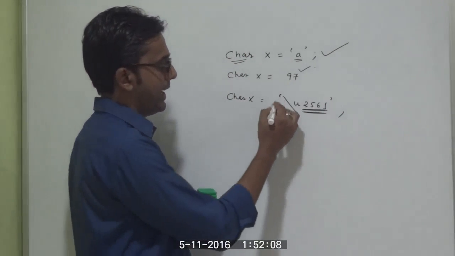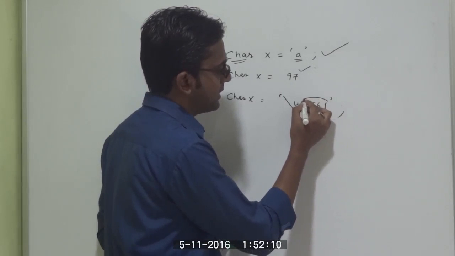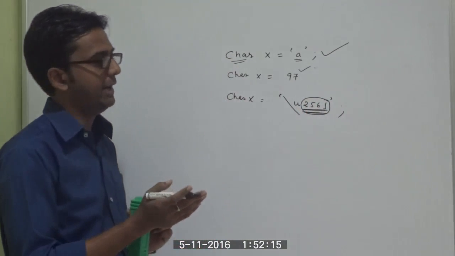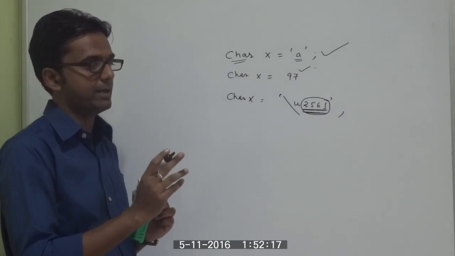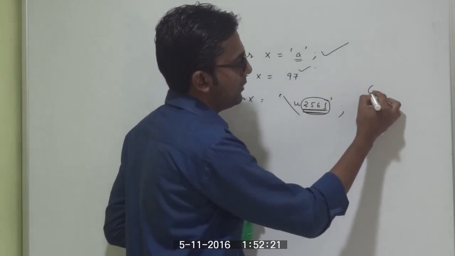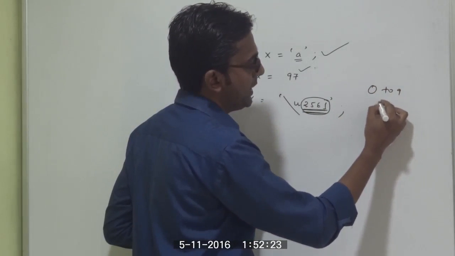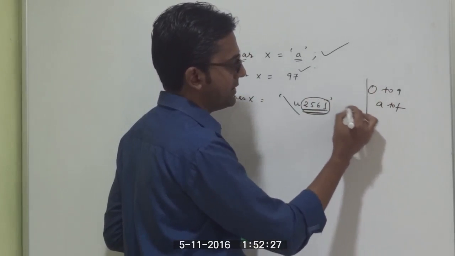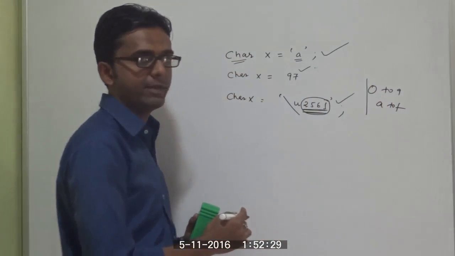If you remember the hexadecimal literal, the allowed range was from 0 to 9 and from A to F. Now all the digits which I have written are in the range. That's why this statement is 100% valid.